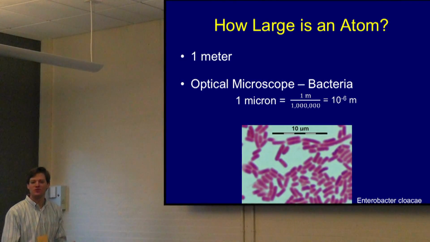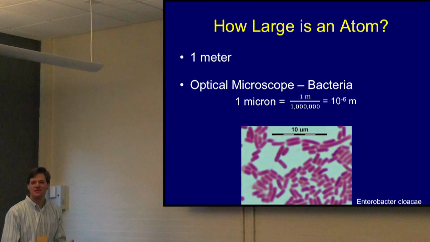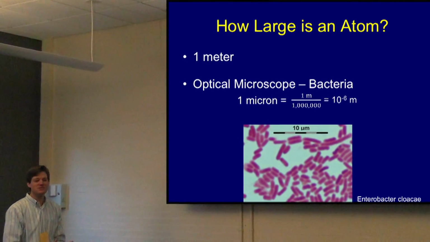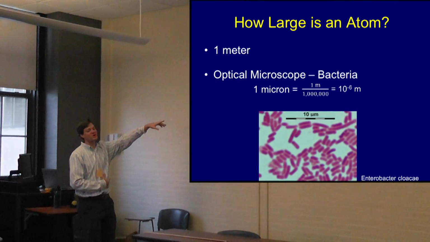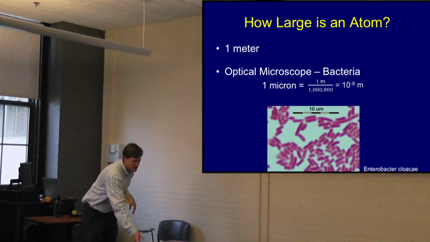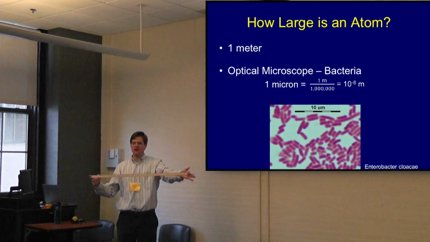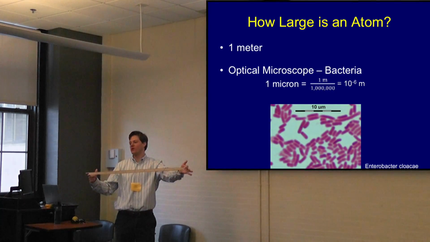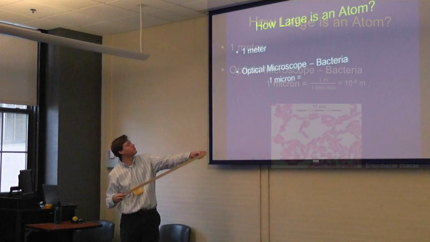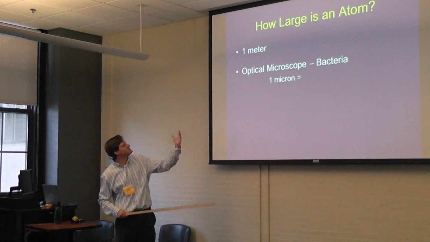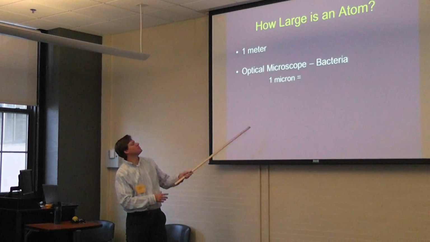What is a micron? Do you know what a micron is? Good. It's a millionth of a meter. So a micron is 10 to the minus 6 meters. Basically, take this meter stick, break it up into a million parts, and each of those million parts is basically the size of a bacterium, or a micron.